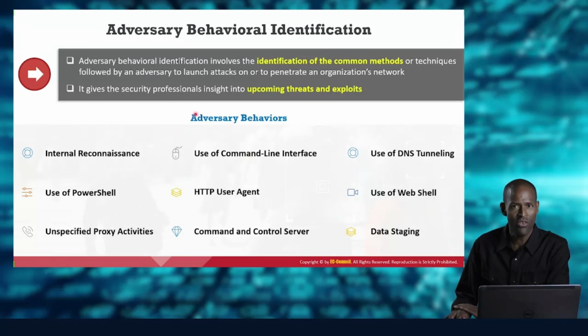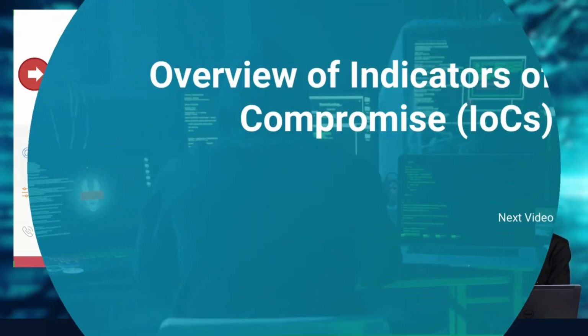These are the behavior of an adversary. Somebody has control of an account or of a workstation, and they're trying to use that against you. So these are some very important behaviors to look for in a network to identify adversaries.